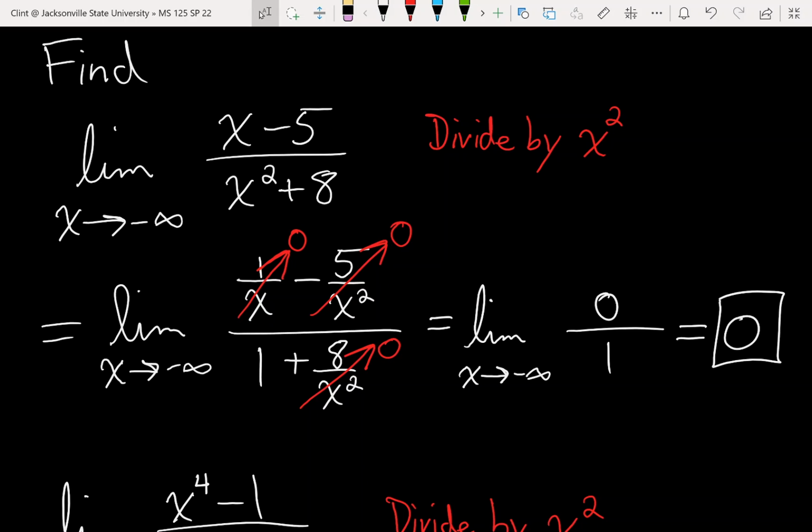The number on the bottom is always going to be bigger because it has a larger degree. So in the long run, as we go out toward infinity or negative infinity, the bottom wins, right? It's going to be something huge dividing something smaller on the top. So if you divide some number by something huge, you get a really tiny number, so the limit is going to be 0.